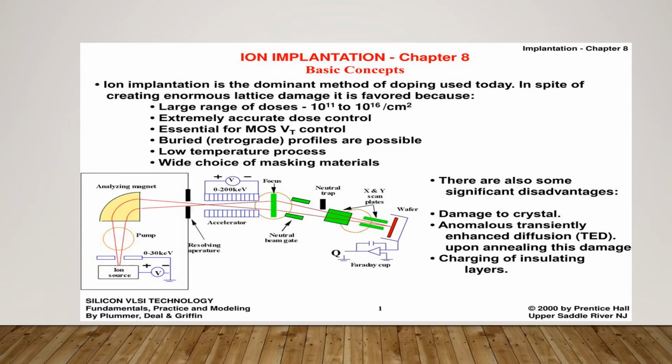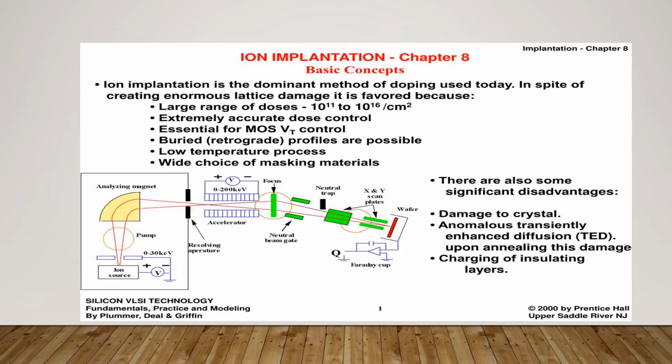There are also some significant disadvantages of this process. Damage to the crystal: as I said, ion implantation will damage your lattice. Anomalous transitory enhanced diffusion upon annealing this damage, and charging of the insulating layer. These are some disadvantages which you face during ion implantation.